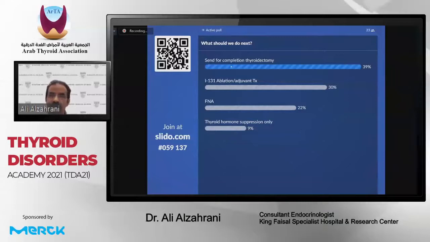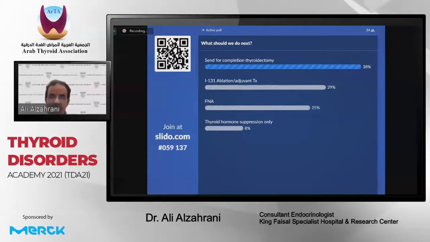Okay. I think I just want to discuss this briefly. So completion thyroidectomy is ideal theoretically, but it carries a significant risk to the patient because of the location. Second thing, when you look at that scan and ultrasound, they are most likely residual normal thyroid tissue.